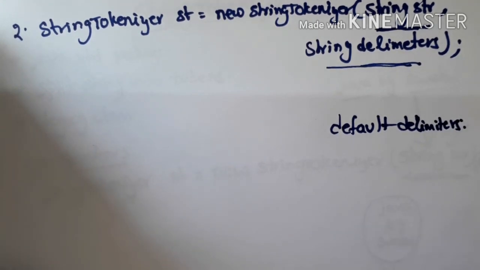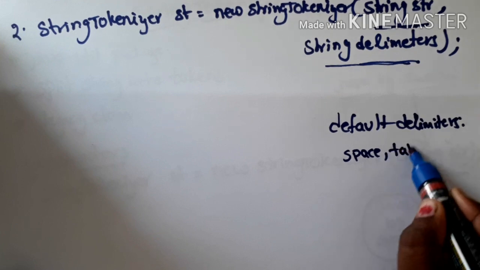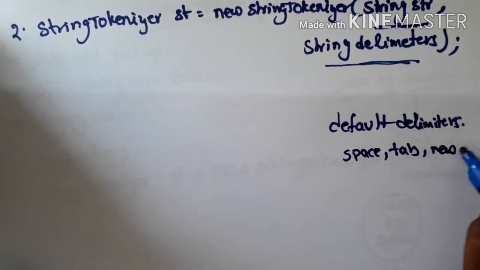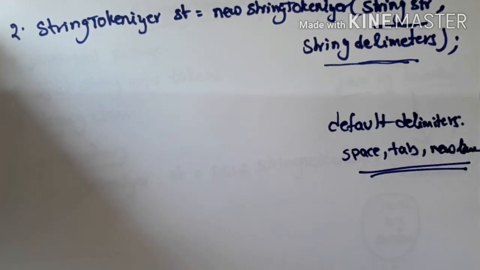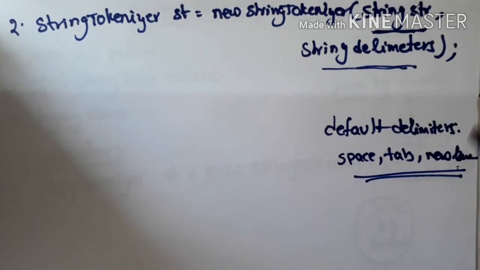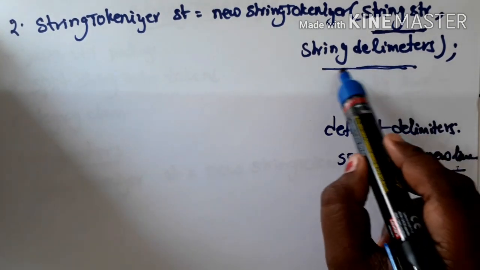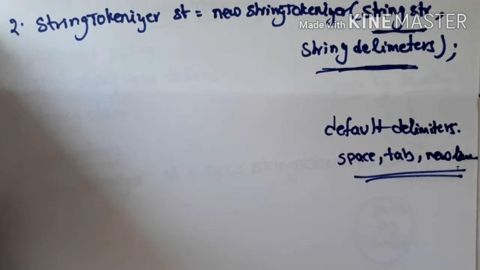Default delimiters are space, tab, and new line. If you don't want to consider these default delimiters, and you want to split a string based on your own delimiters, then you can specify them here as the second parameter.